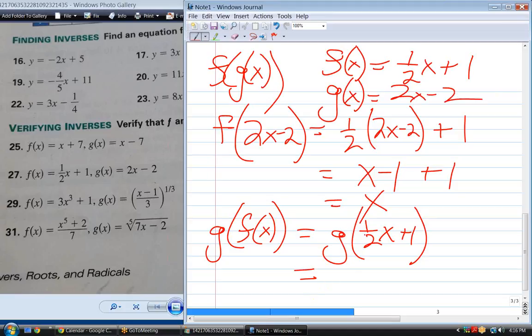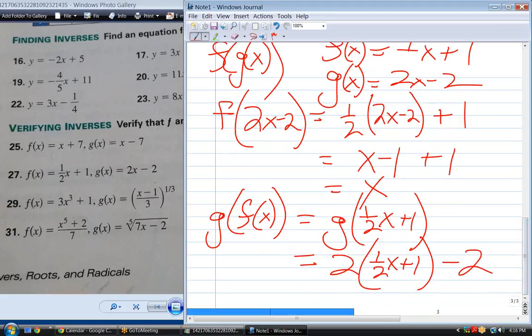So it's 2 times 1/2 x plus 1, then minus 2.